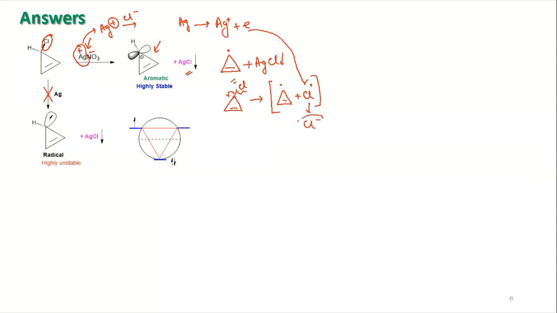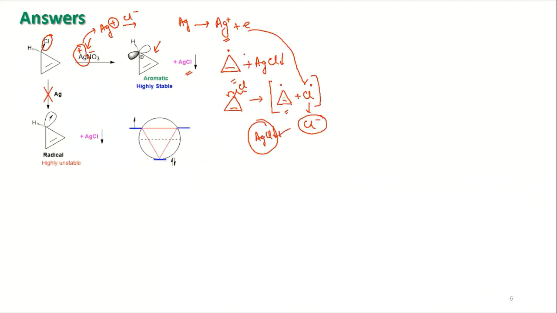And now Cl minus can react with Ag to have silver chloride precipitation. So ultimately what you will be observing is silver chloride precipitation and a radical formation.